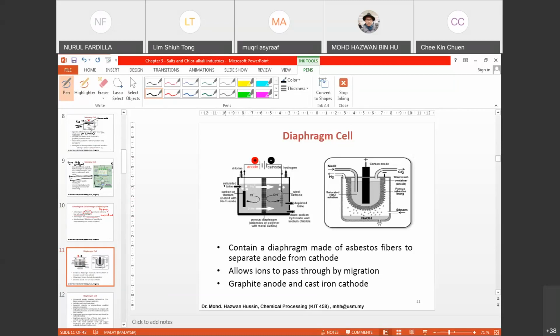So you will see over here, the saturated brine will be pumped into the anode. So it goes to the anode, and your anode is actually made from what? Your anode is basically made from carbon or graphite.